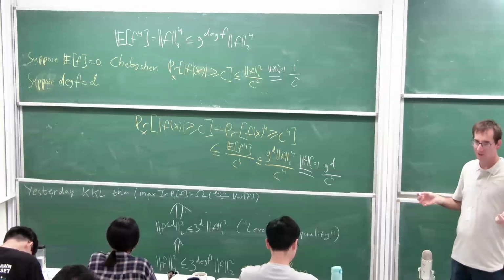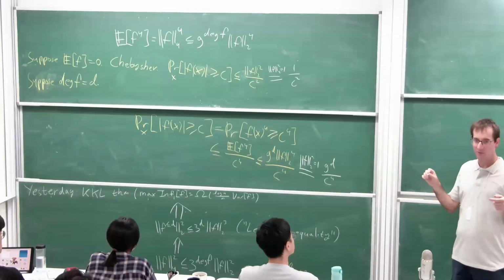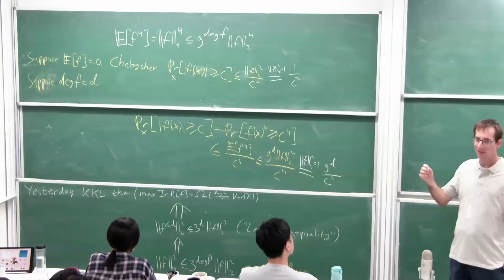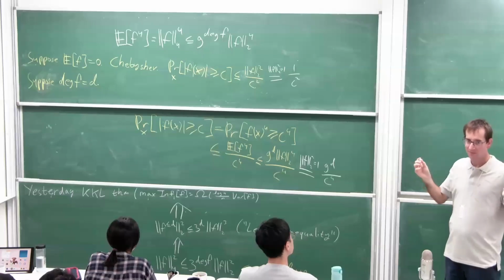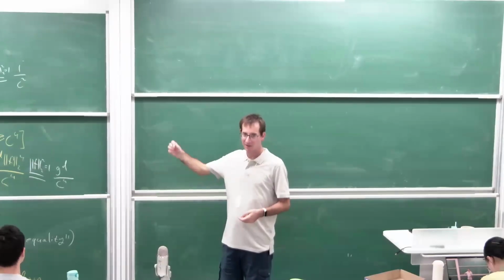So if d is constant, you get exponentially decaying tails. If d is equal to 1, the exponent will be e to the minus x squared. Instead, it would be e to the minus x to the power 2 over d. So it will be exponential, but not in c, but in some polynomial in c.